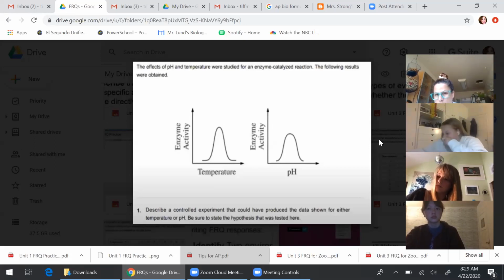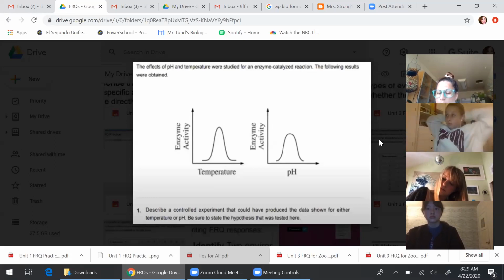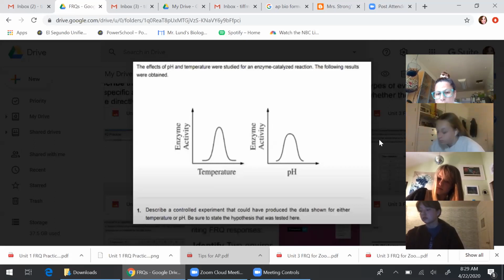And remember that describing means you can use multiple sentences to tell a story. So there's definitely room for getting a little carried away here. You definitely wanted to be pretty concise when it comes to your experiment and a little bit vague even. You don't want to be like, first, take 10 milliliters of amylase solution. It's a little bit too precise when it comes to describing that experiment. So there is a way to get too descriptive here.